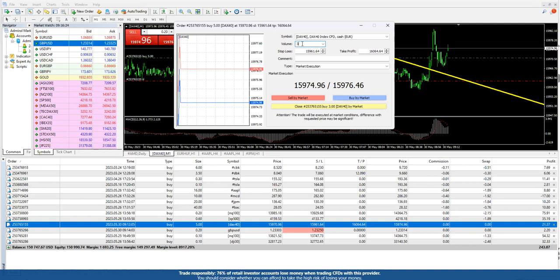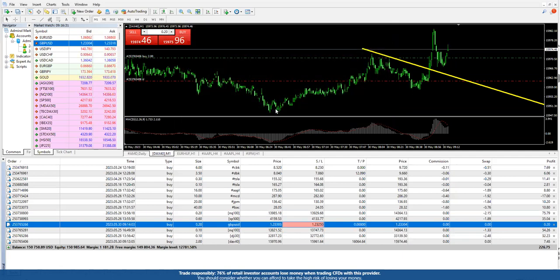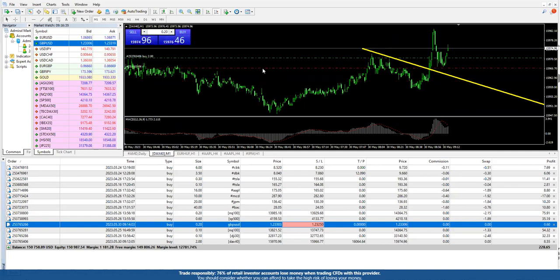If you want to be on the safe side, maybe you close now, because I don't know what will happen, and set the stop loss closer. I am very cautious now, but we will see if it's okay or not okay.